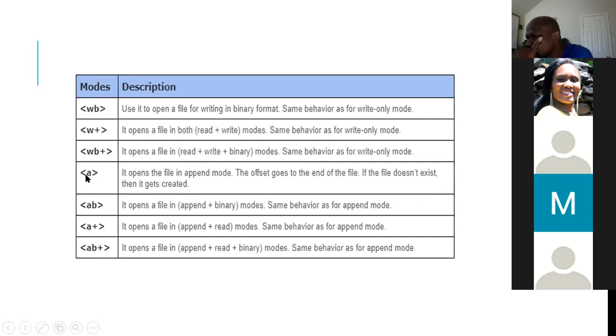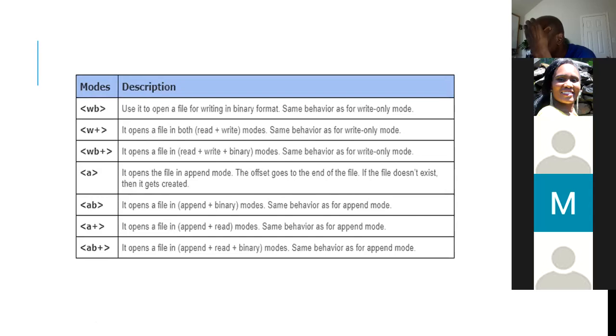Then A, I've explained, it's to append. So that's what now helps you, so that if your file already has content, you don't delete that content, you just add to what is already in that file. So you use append, and append mostly will append at the end of the last line, the last statement.